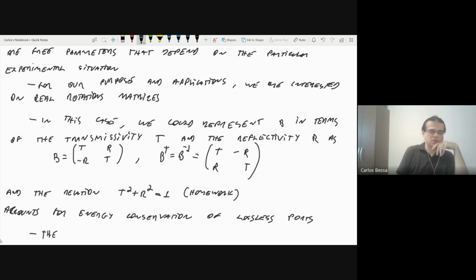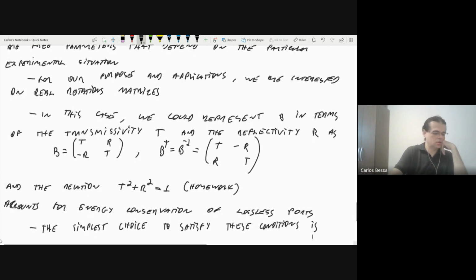So the simplest choice to satisfy these conditions is, we could choose T equal to cosine of theta and R equal to sine of theta.